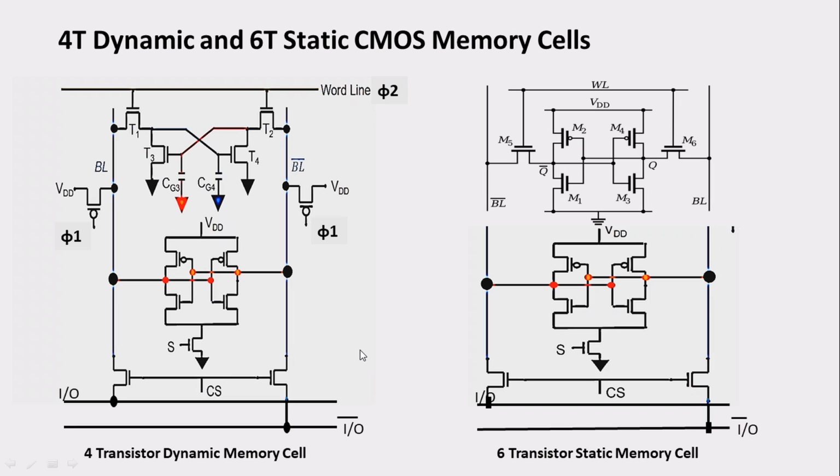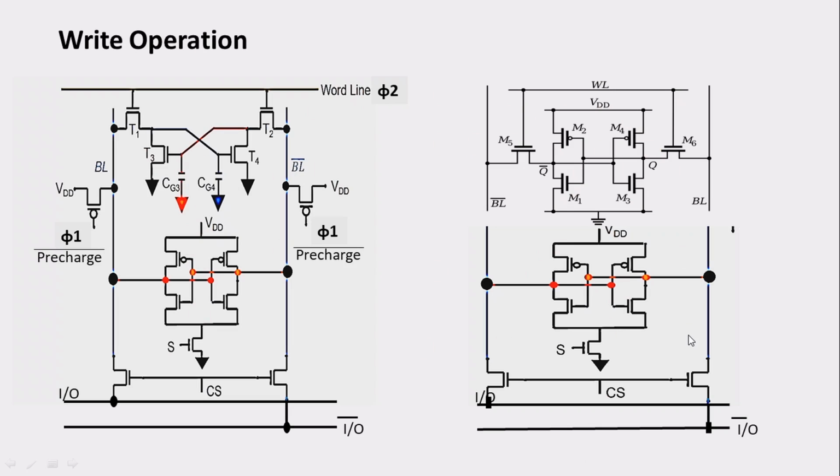Now, since the read and write operations of both the circuits are similar, I'll be doing both the read and write operations of both the circuits side by side. Now let us look into the write operation of these circuits.